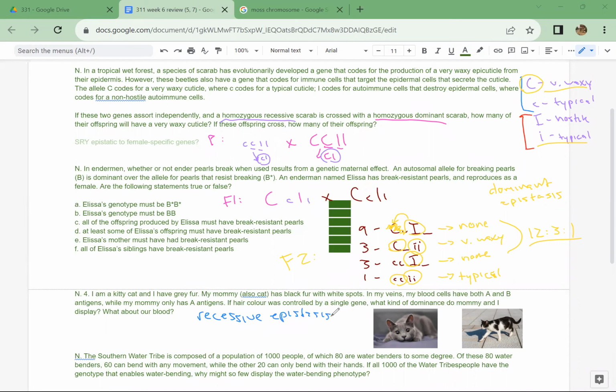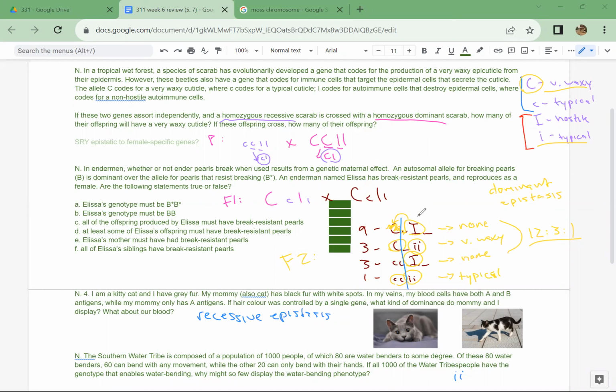And in recessive epistasis, the presence of a recessive genotype at the epistatic locus will affect what happens at the other locus, because we have the first gene locus and the second gene locus.